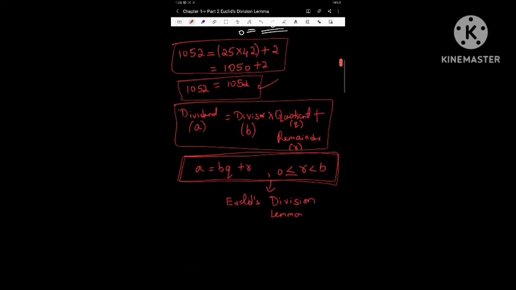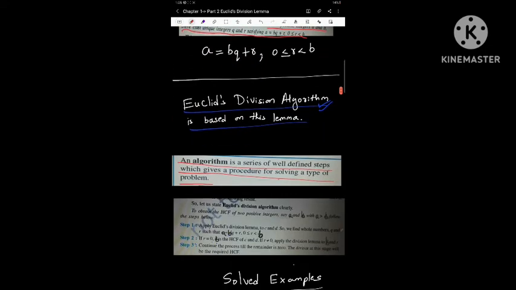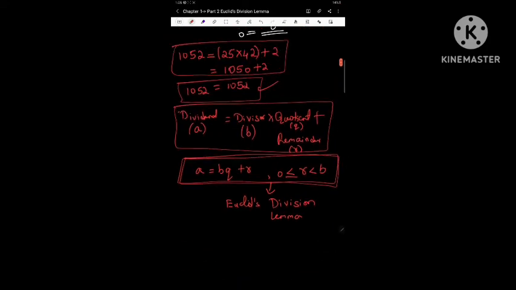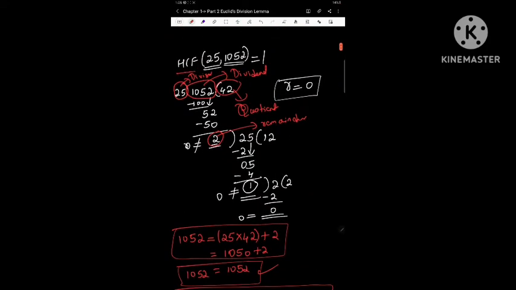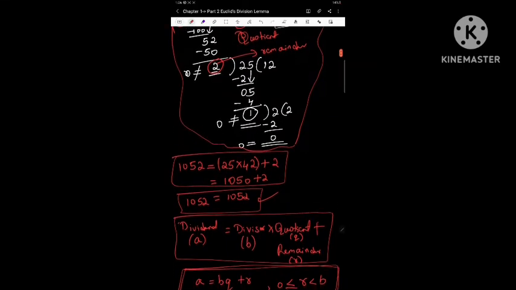See here, it says that it gives a procedure for solving a type of problem, right? The problem for us here was finding HCF, and we found HCF using this whole long division process. When we write this in the form of steps, it is called an algorithm.